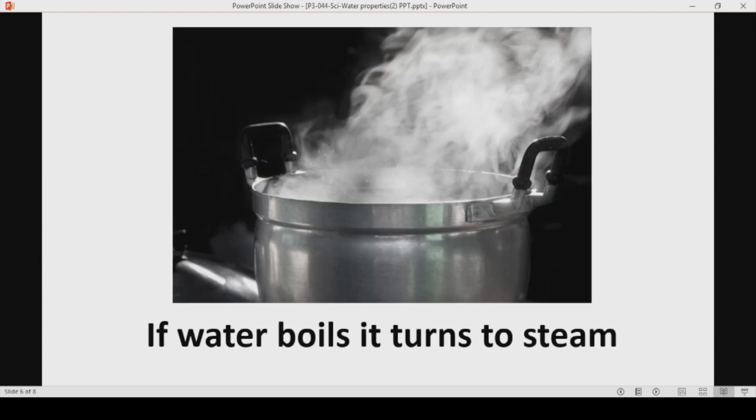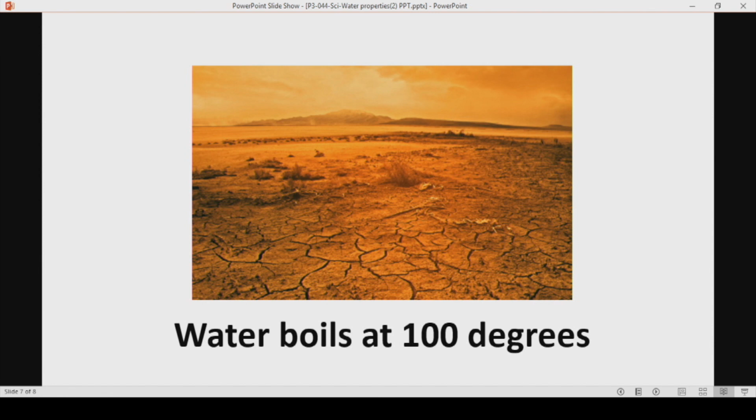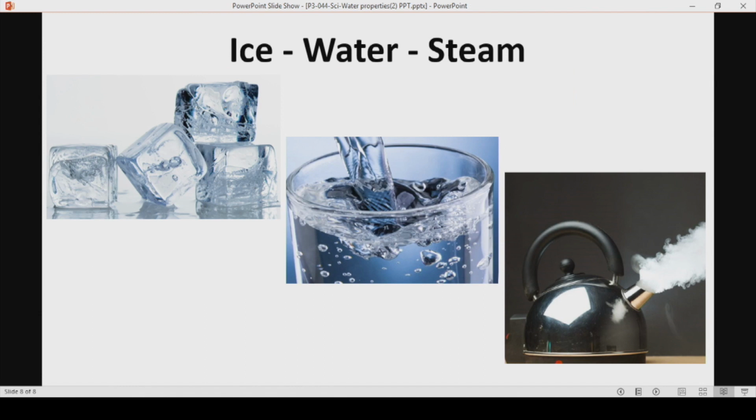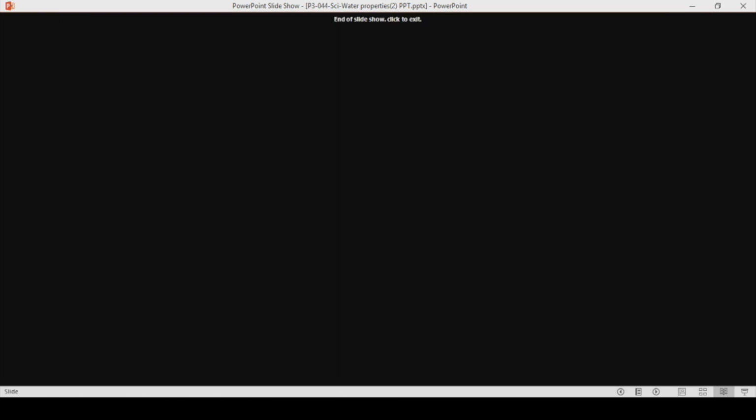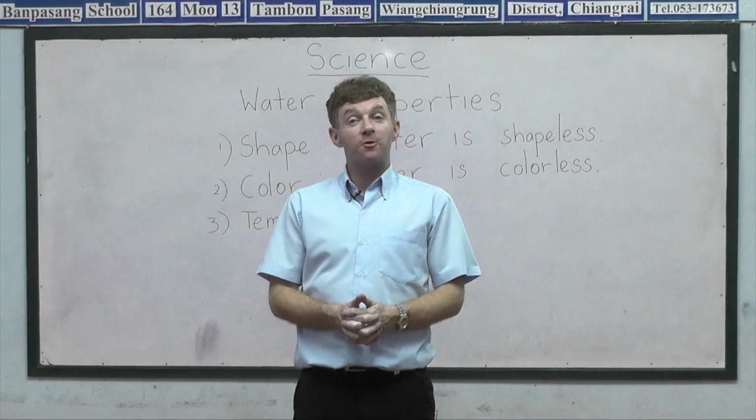If water boils, it turns to steam. Water boils at 100 degrees. Ice. Water. Steam. Any questions, guys? No. Excellent, well done.